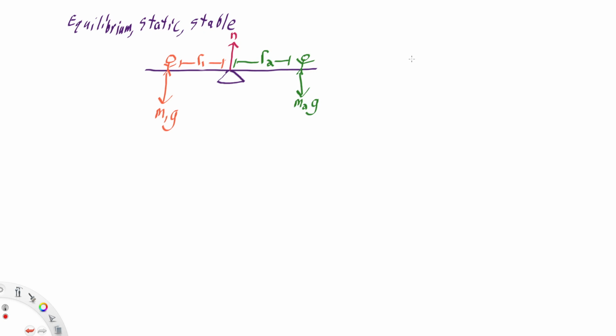One of them we already know from chapters 4 and 5: if a thing is not moving and it's not accelerating, then the sum of forces is equal to 0. If it's static though, it's also not rotating. So we're going to have a situation where not only is the sum of forces equal to 0, the sum of torques is also 0. And these two things together are what define equilibrium.